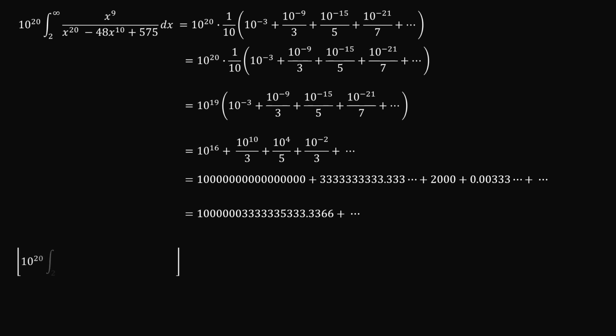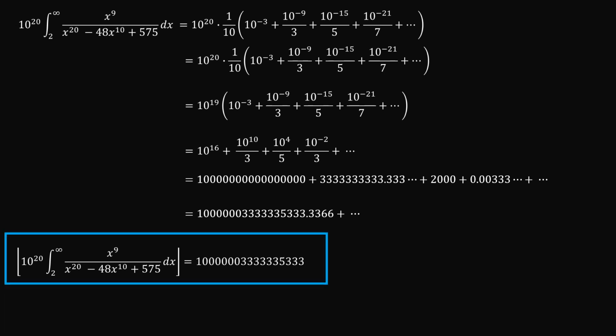We can now truncate the decimal values to obtain the floor, which is 10,000,000,033,333,333,333 as our final answer.